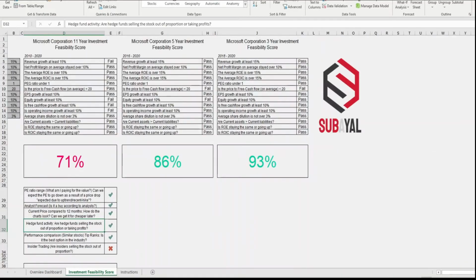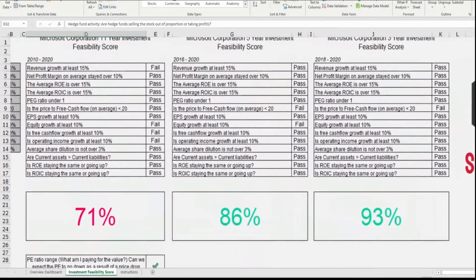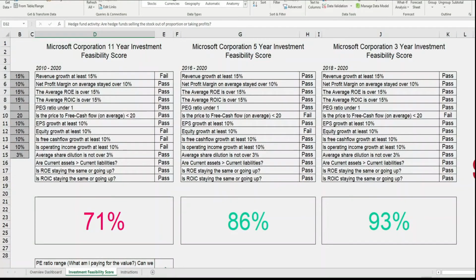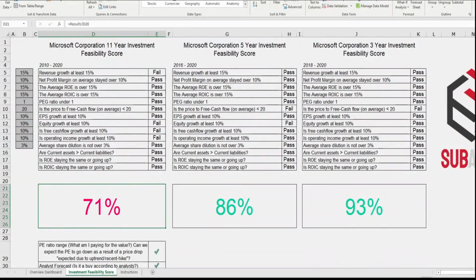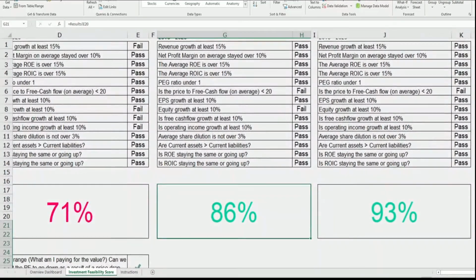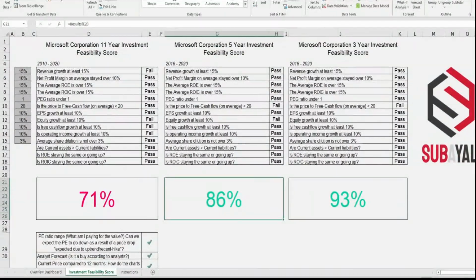And now if we look at the investment feasibility score over an 11-year time period, we get a 71% score out of 100. If we look at a time frame of 5 years, it is 86%, which is outstanding for a company of this size.